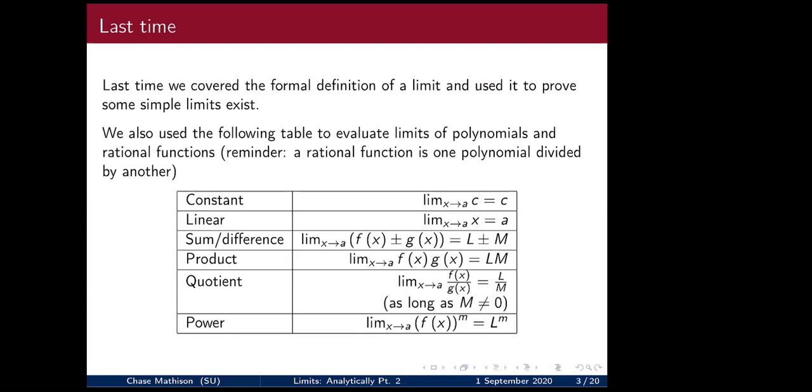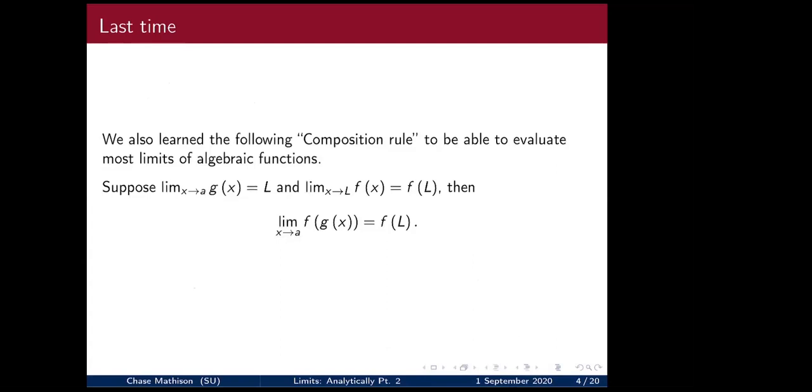They should all seem pretty natural: the limit of a sum is the sum of the limits, the limit of a product is the product of limits, and so on. Like I said, that table and this composition rule were what we used to evaluate all of our limits, and these rules give us methods to evaluate all algebraic limits.